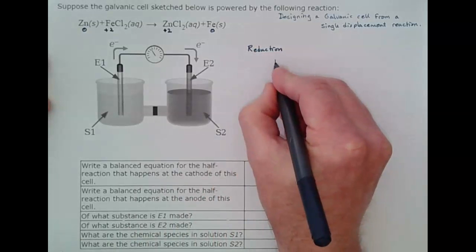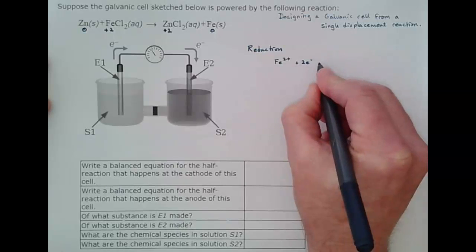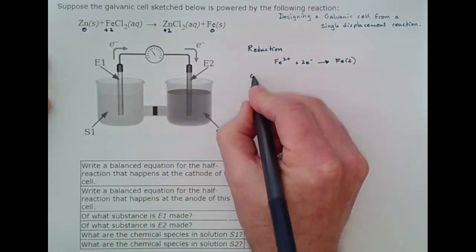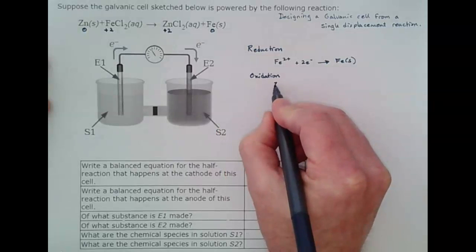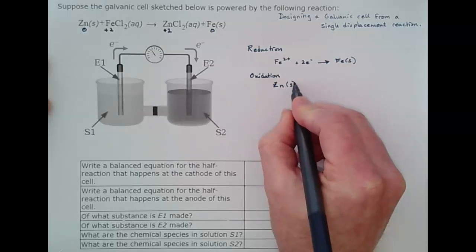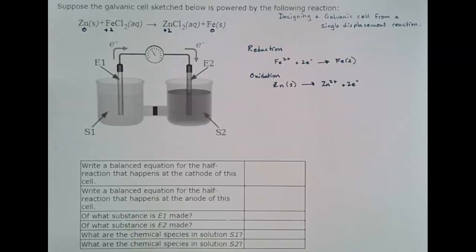So we're going to have Fe2+ plus 2 electrons going to Fe, that's our reduction half reaction. The oxidation is something losing electrons, and the zinc here loses electrons. Zinc always loses electrons, so zinc going to Zn2+. Okay, so that's what we need from the reaction.